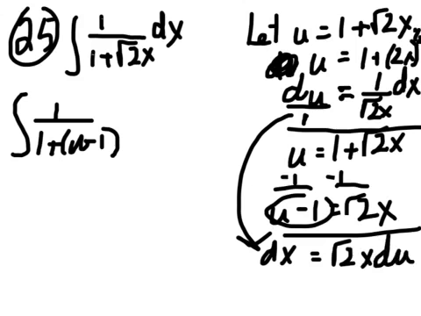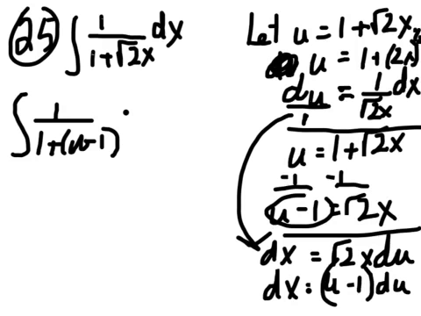Well, what is square root of 2x in my substitution? It is u minus 1. So this is going to be u minus 1 du. So in order to get the dx, I'm going to replace it with u minus 1 du.